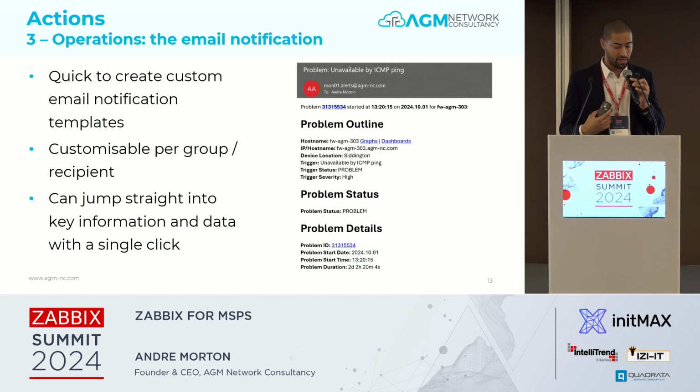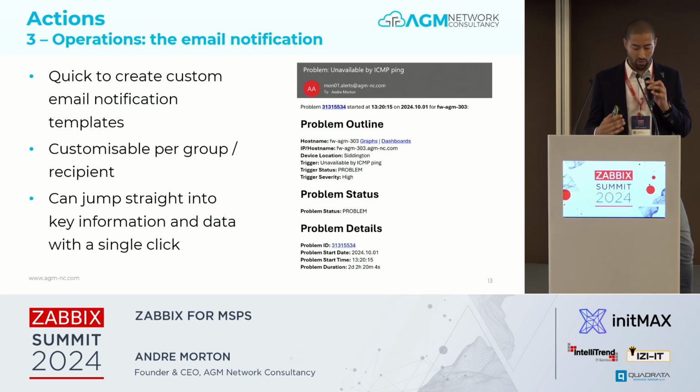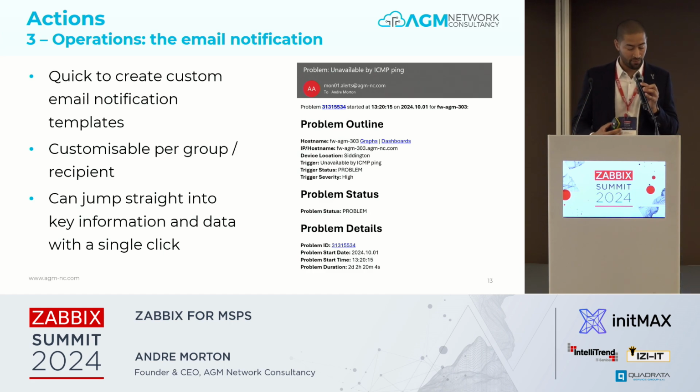Going back to the email notification that's going to be sent out by the action, this is a really good way of getting to what you need very quickly in Zabbix. You can customize this per group or recipient, and you can jump straight into key information and data with a single click. If you look at the hyperlinks in the email template on the right, I've got the problem ID, which will take me straight to a dashboard showing the problem in Zabbix.